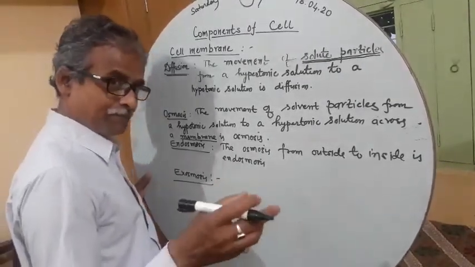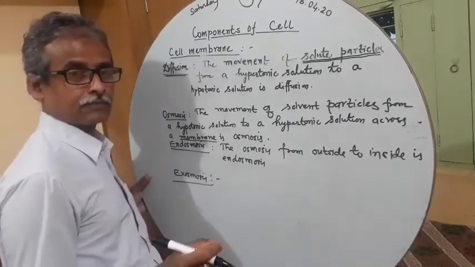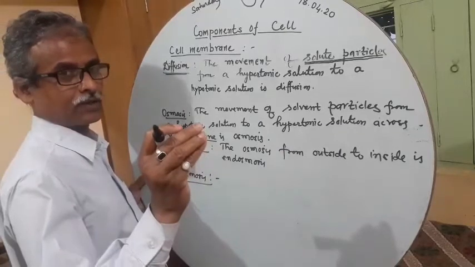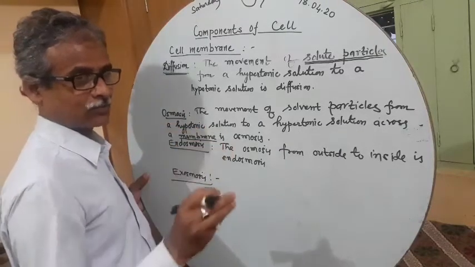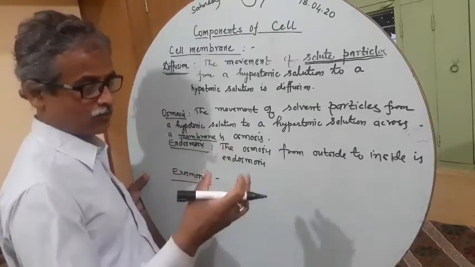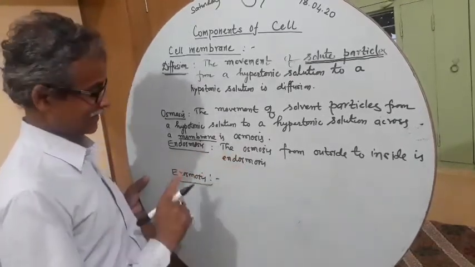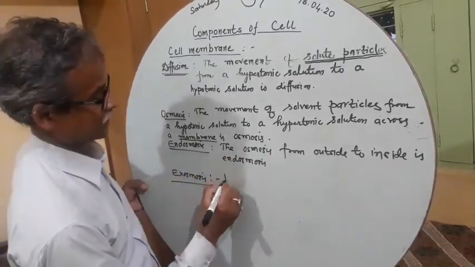When we are making pickle, salt is mixed up with the pieces of unripe mango. The water comes out from the mango pieces, that is exosmosis.